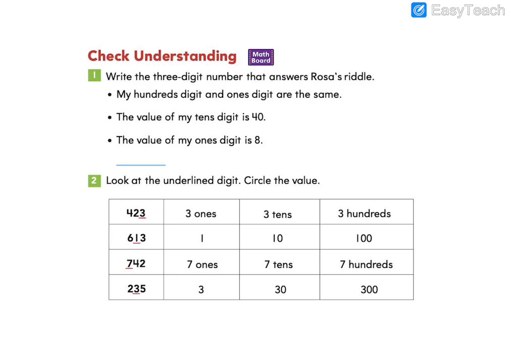Now let's look at check understanding. For the first problem, you're going to write the 3-digit number that answers Rosa's riddle. My hundreds digit and ones digit are the same. The value of my tens digit is 40, and the value of my ones digit is 8. Then you're going to complete number 2. Just like we did on the page before, you'll look at the underlined digit and circle its value. Go ahead and complete the check understanding now.